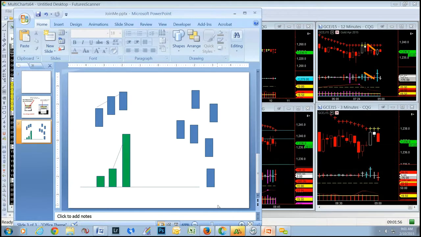Volume is increasing. Buyers are coming in, but they are absolutely not being rewarded. With that much volume, that damn thing should have exploded. It didn't.